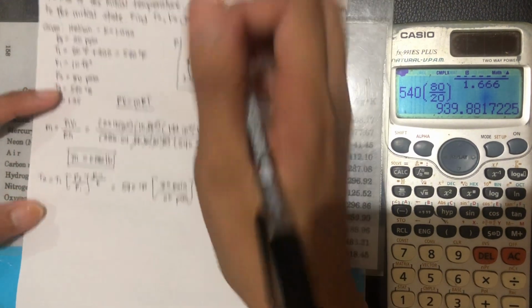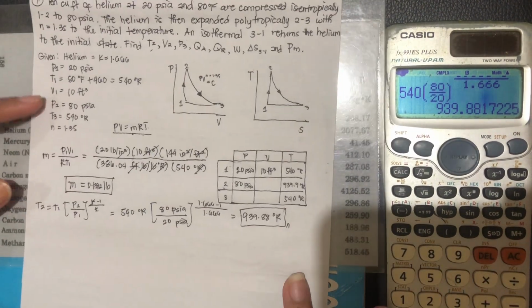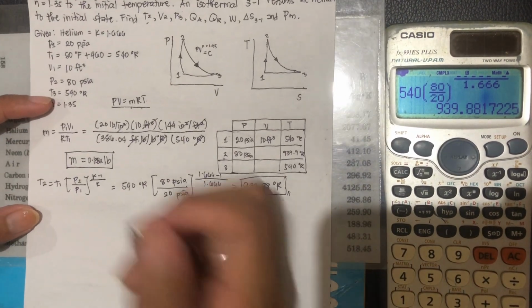Okay, so that is our T2. Next we get V2.